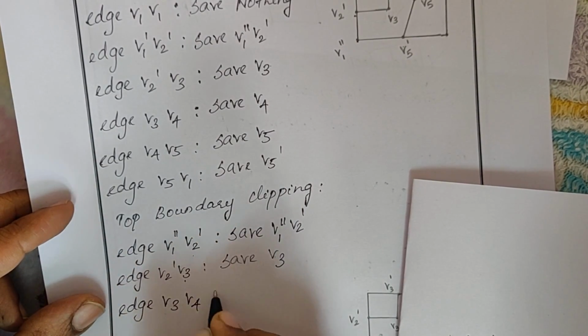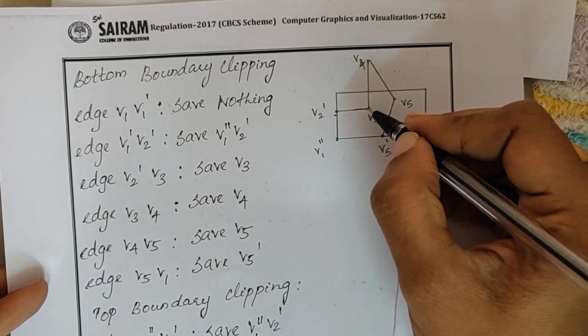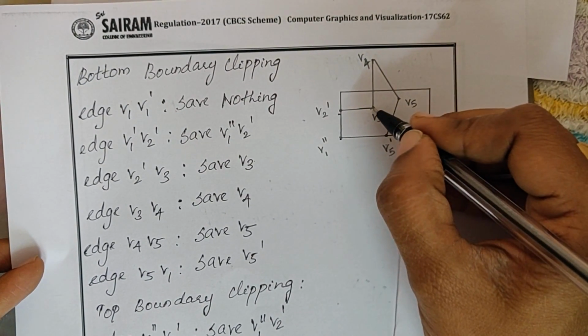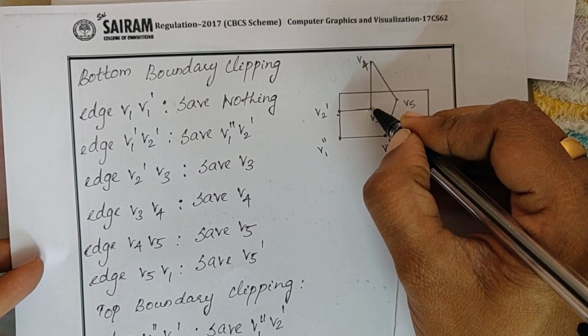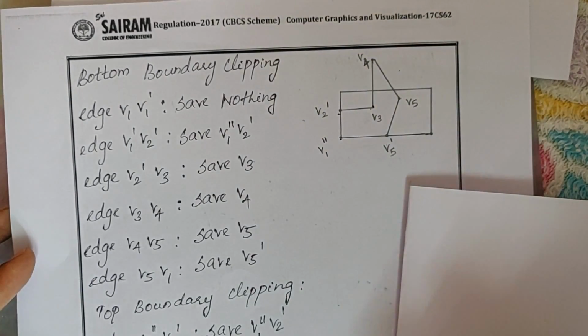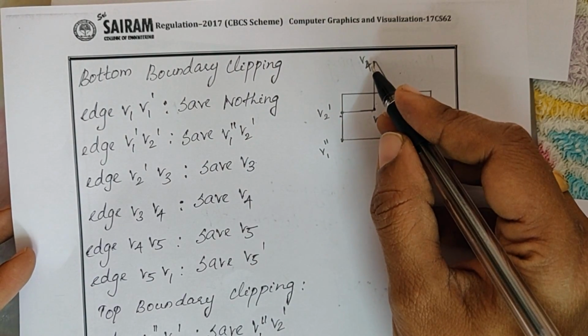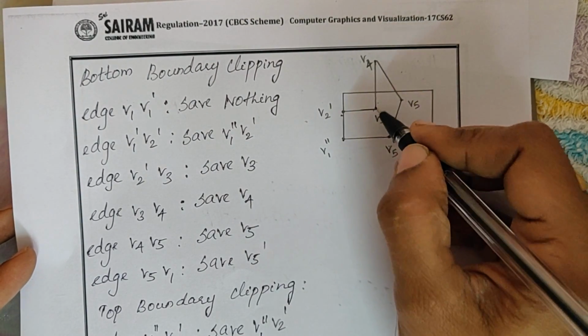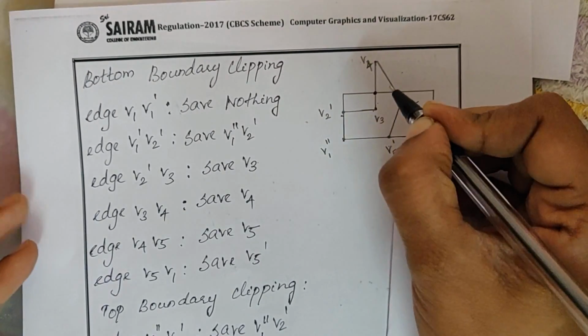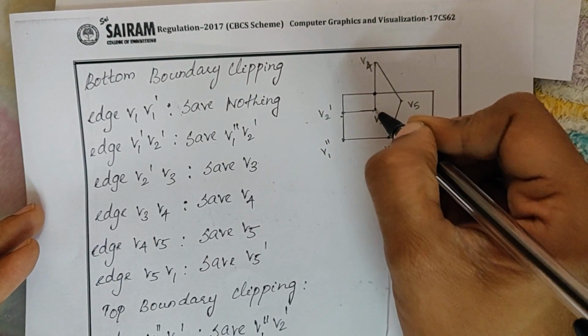Next edge is V3, V4. Again, if you see, this vertex is inside of my top boundary, this is outside of my top boundary. So if it is inside, outside, I have to find the intersection point. How to name it?